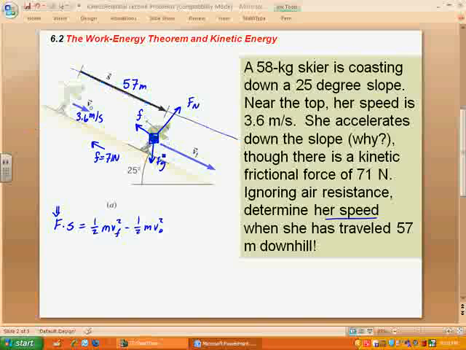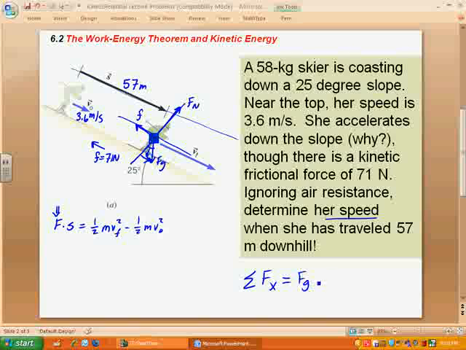And what are those? Well, we've got the x component of the force of gravity. So there's my angle. So I need the opposite side. So that'll be force of gravity times sine of 25. Right? And then I've got friction going to the left. So minus friction. Okay? So that's going to be the total sum of the forces. So let's go ahead and find out what that is.